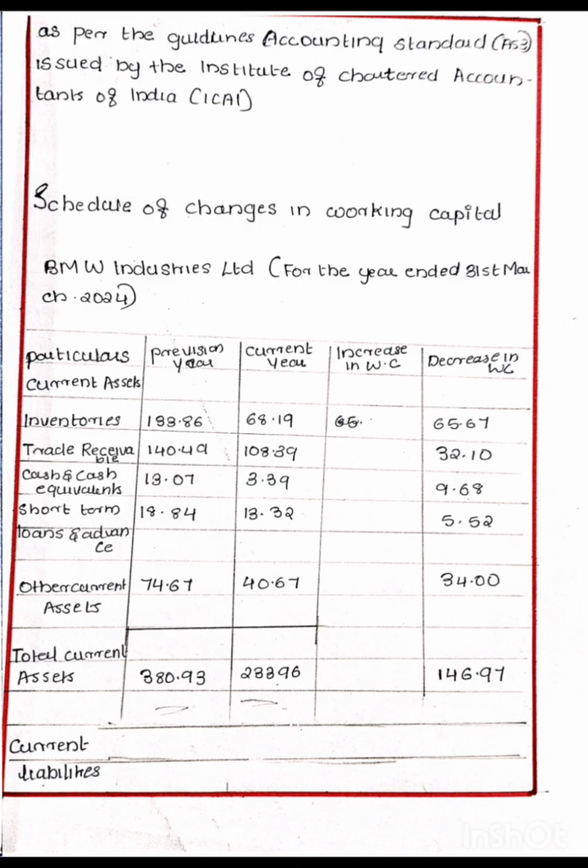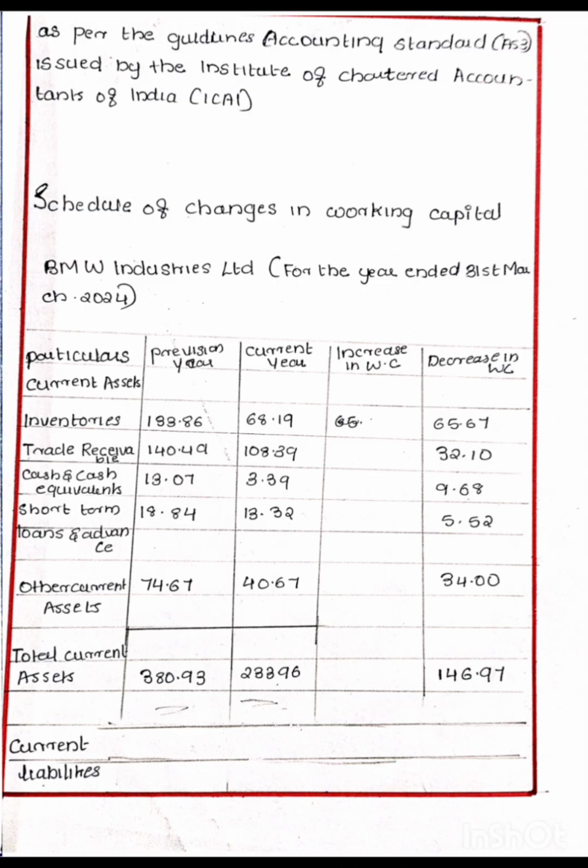Cash and cash equivalents 13.07 in the previous year, 3.39 in the current year, decrease in working capital 9.68. Then short term loans and advances 18.84 in the previous year, 13.32 in the current year, decrease in working capital 5.52.